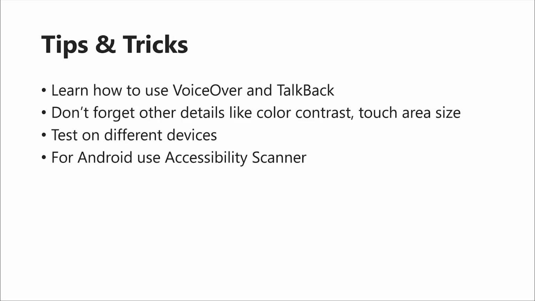Tips and tricks. All right, first of all, learn how to use assistive technology. Don't be afraid of turning on TalkBack or VoiceOver on your device. The first tip is, before activating it, activate the accessibility shortcut.